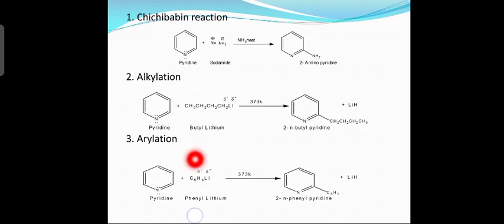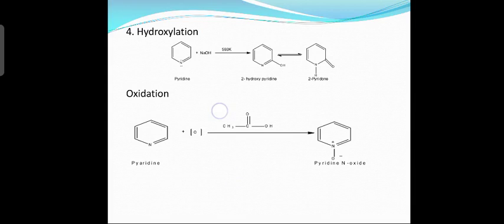Arylation is phenyllithium reacting with pyridine, at the same temperature. We get 2-phenylpyridine. Now next is hydroxylation. In hydroxylation, pyridine reacts with sodium hydroxide heated to a temperature of 593 Kelvin. 2-hydroxypyridine and 2-pyridone are obtained.